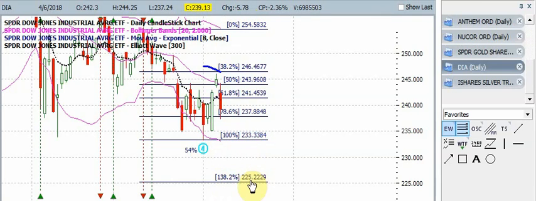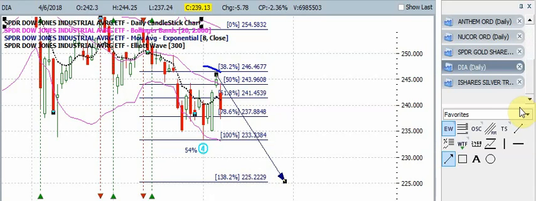Then the next target is at the 138.2%. So we're looking at wave 5 to start from where wave 4 started, and we'll drop somewhere down to 225.